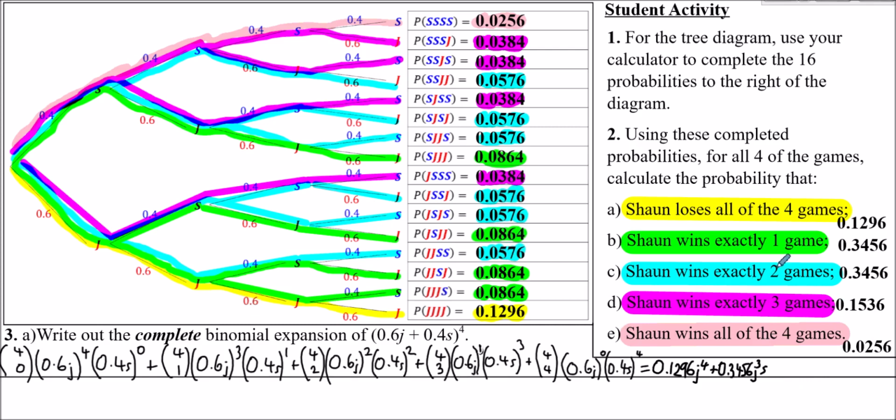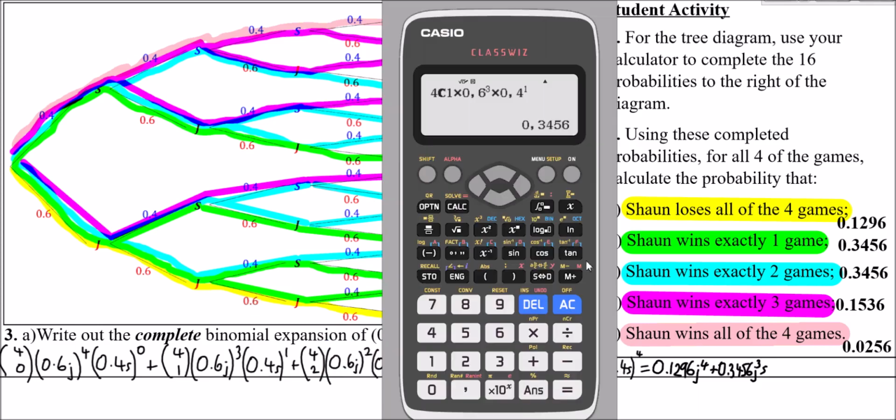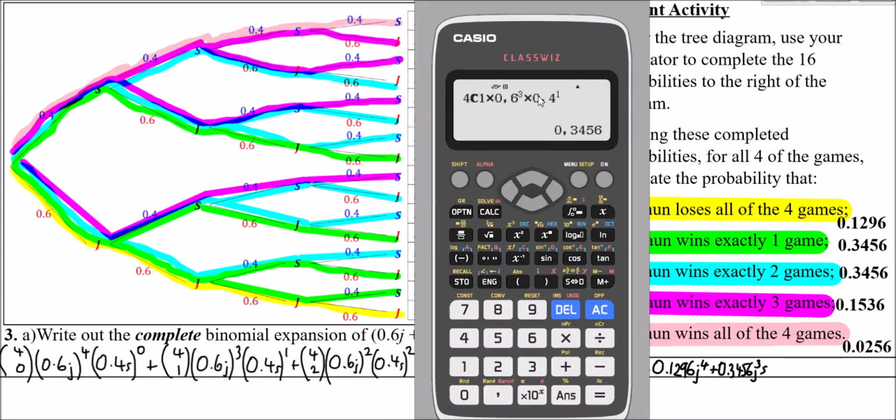Anyway, carrying on, the chance of winning exactly 2 games is going to be this coefficient here. 4 choose 2, 0.6 squared, 0.4 squared. That's going to be the coefficient of j squared s squared. And so here, we can alter what we've already got. So we type in 4 choose 2 next time.